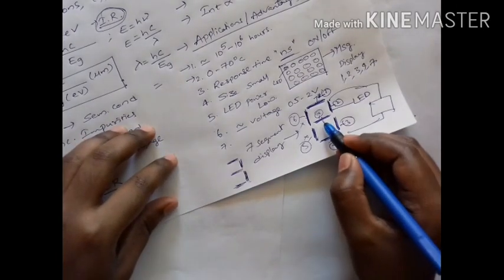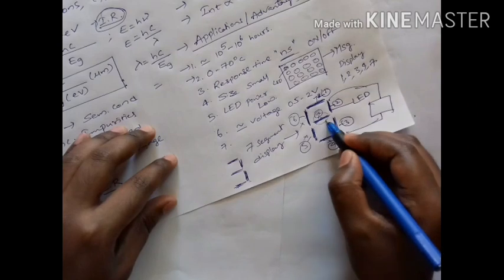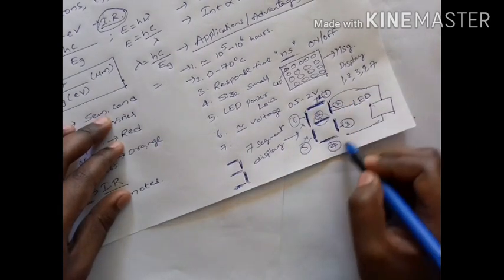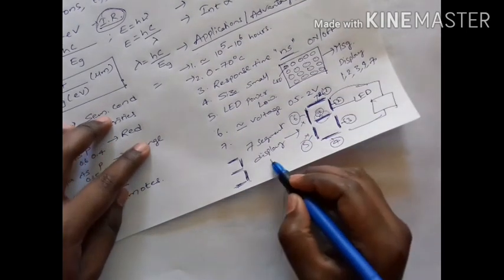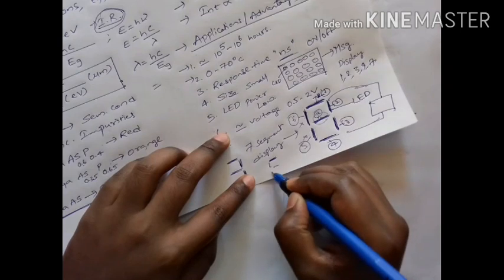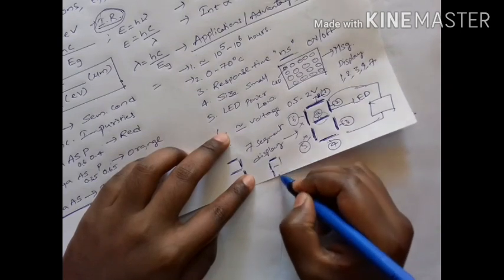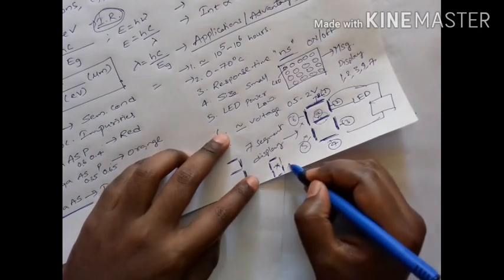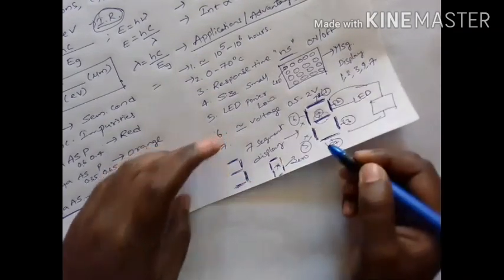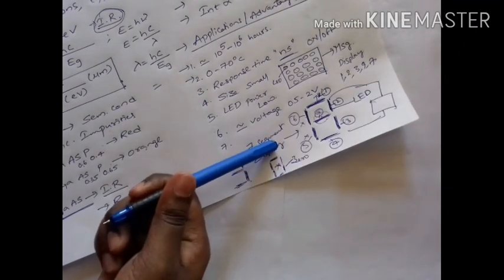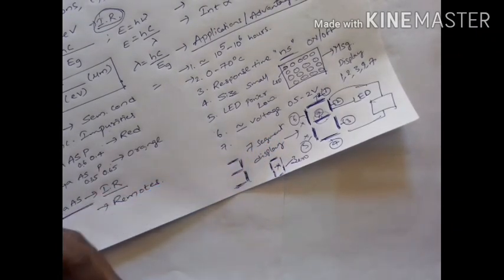And whenever we switch off the power to only one LED, that is 7, and the remaining 6 LEDs are getting current, then we can observe a symbol like this. This one is not operated, so it looks like 0. This type of arrangement you can easily observe in your calculators.